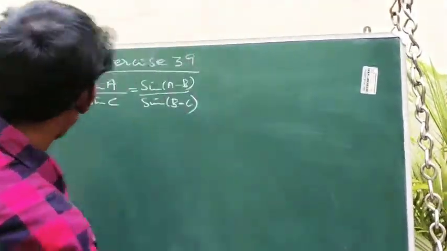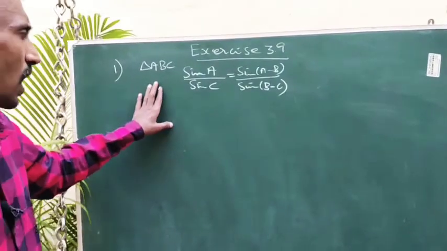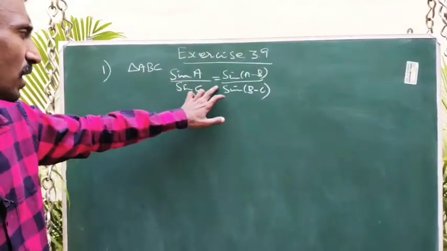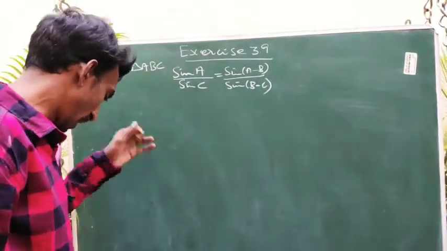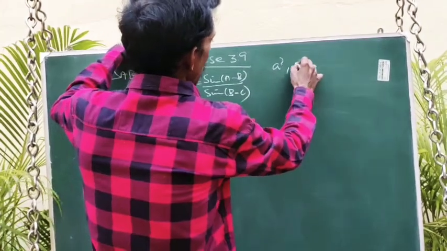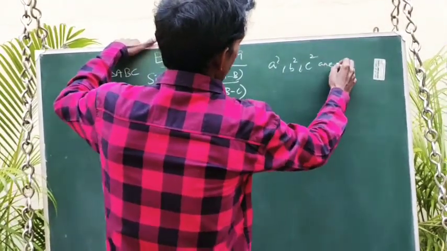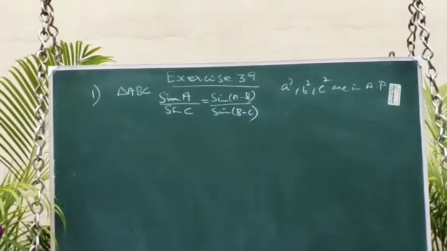Question number 1 in exercise 3.9: in a triangle ABC, if sin A by sin C equal to sin(A minus B) by sin(B minus C), then prove that a square, b square, c square are in AP, arithmetic progression. So that is our aim.